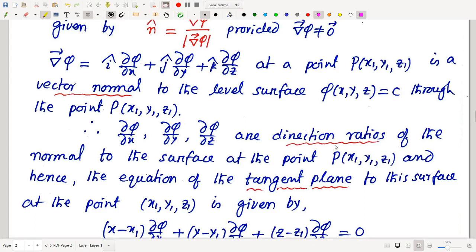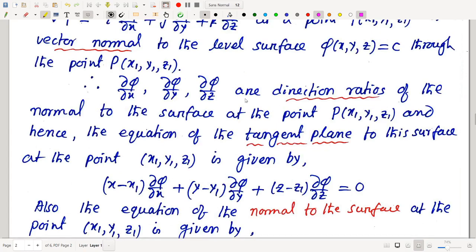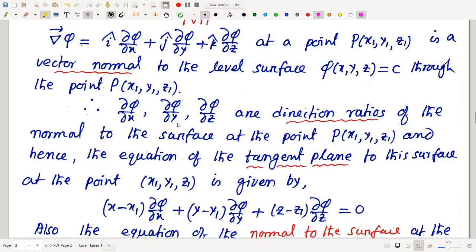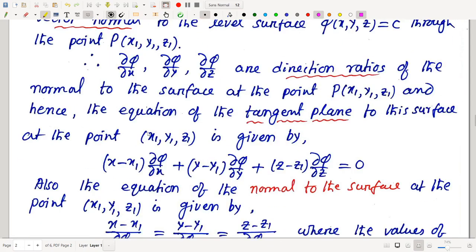We know the coefficients of i cap, j cap, k cap in a vector are the direction ratios of the vector. So here the partial derivatives are the direction ratios of the vector grad φ, but grad φ is normal to the surface, so they are the direction ratios of the normal to the surface at the point considered.